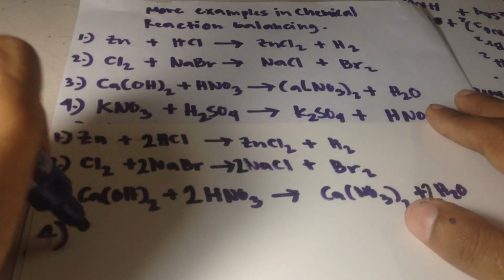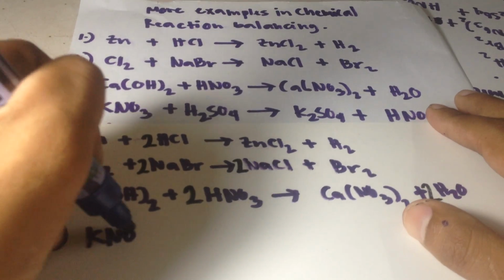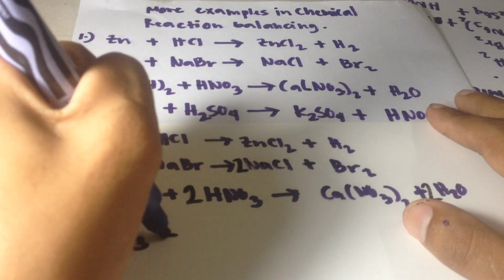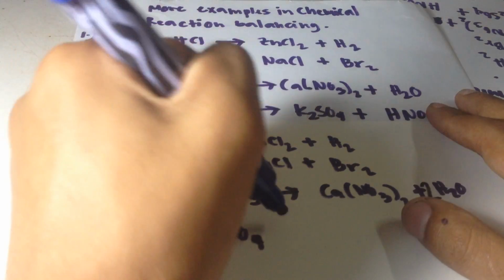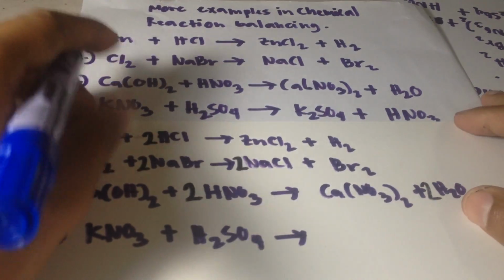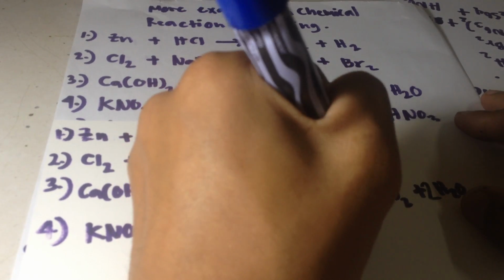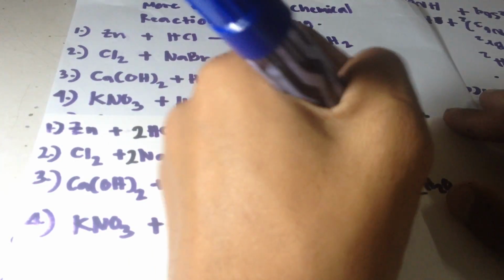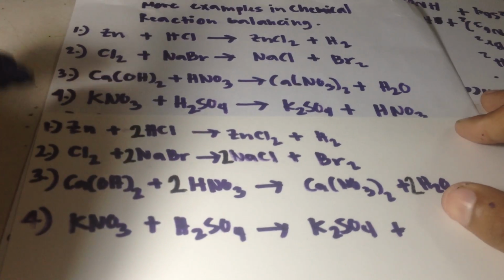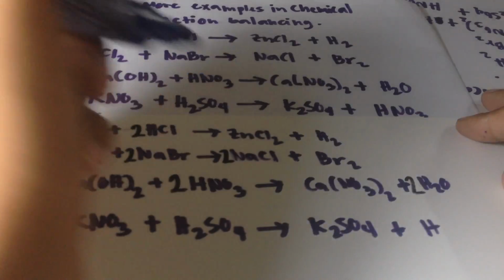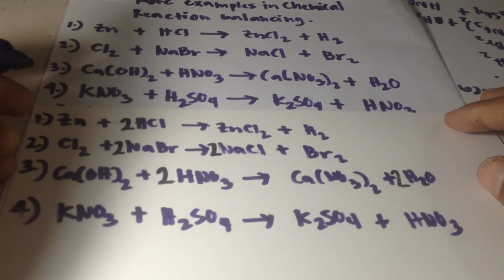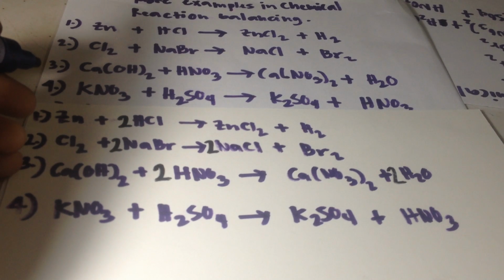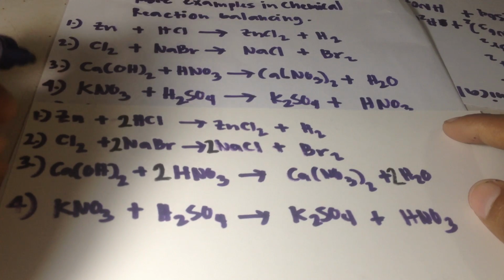So in number 4 we have potassium nitrate plus sulfuric acid reacts to potassium sulfate plus nitric acid. We need to balance the reaction again.